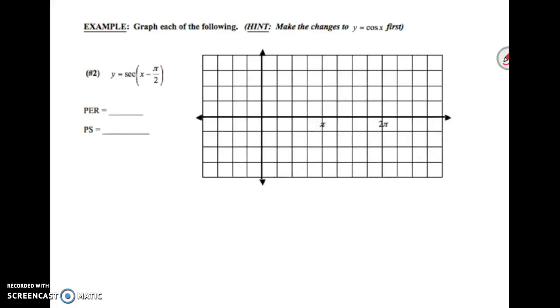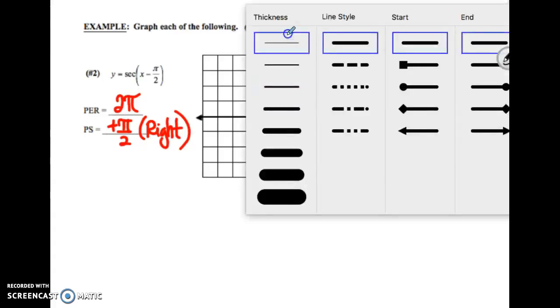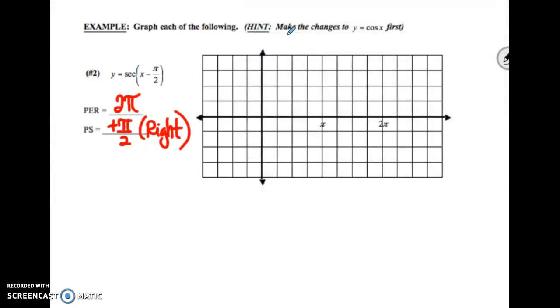For our last example, we're going to graph secant of x minus pi over 2. Again, our period is still 2 pi. We don't have a k value, but we do have a phase shift. Positive pi over 2 means that we are going to be shifting everything pi over 2 to the right. Before I do anything else, I'm going to do a little labeling on my x-axis.